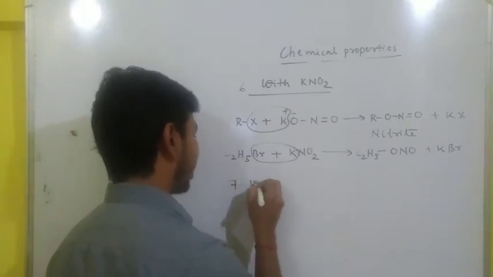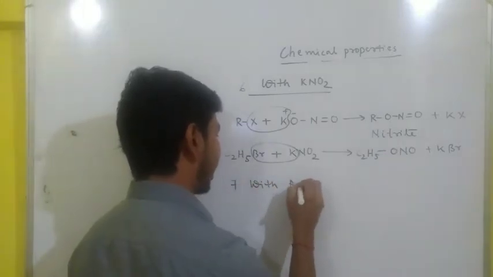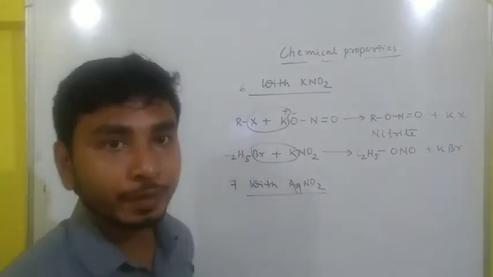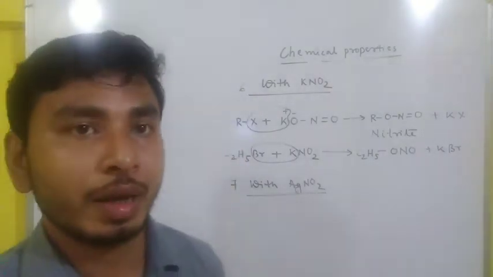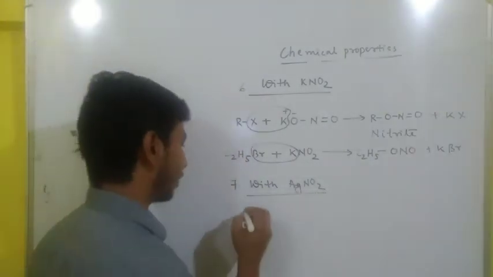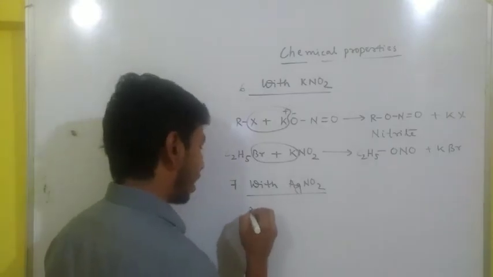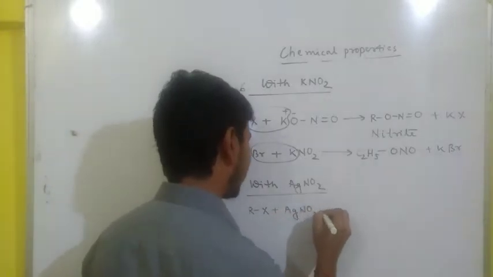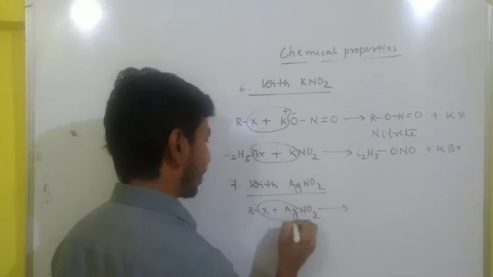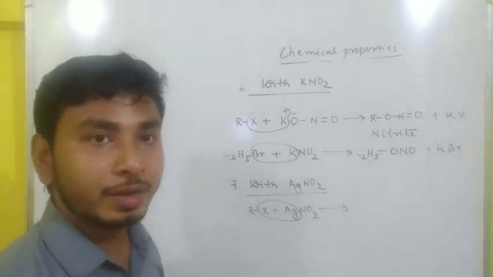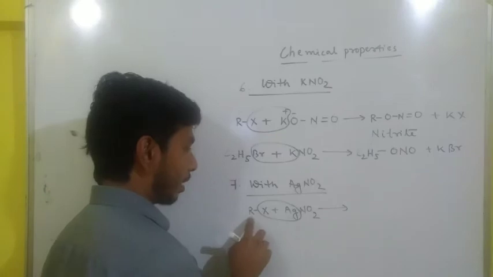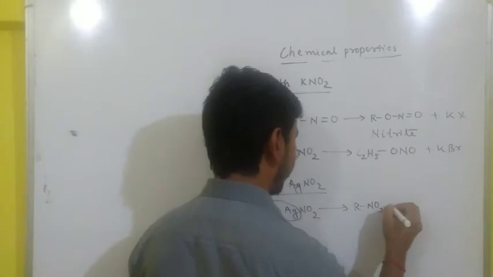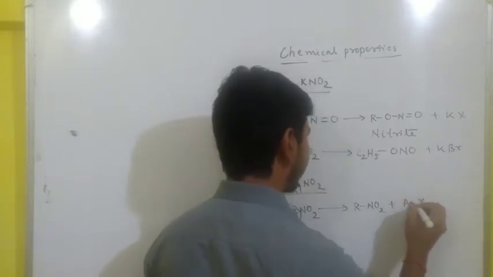Now next, reaction with AgNO2. So RX plus AgNO2, AgX is removed. So the product is RNO2 plus AgX.